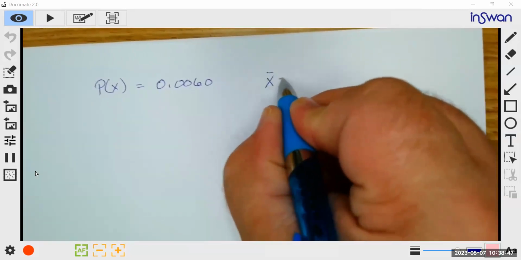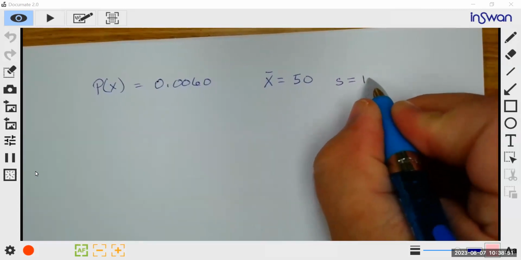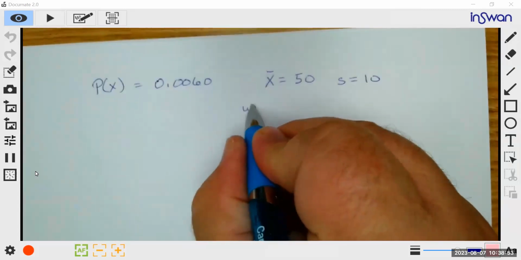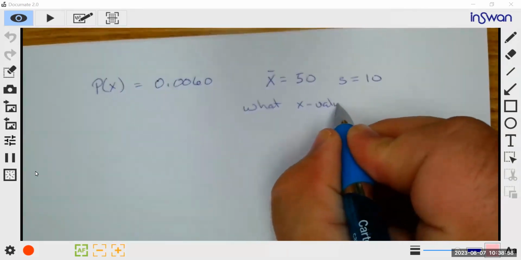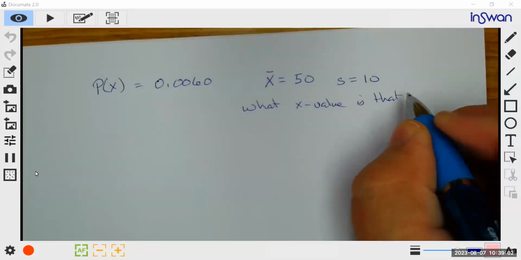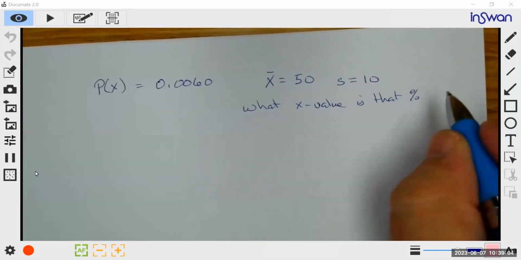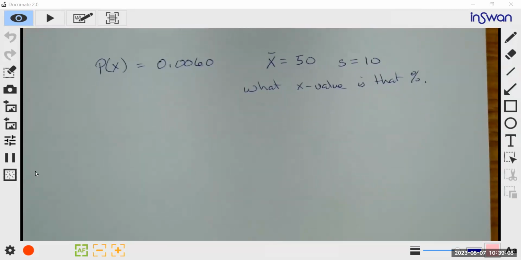And the mean was 50 and the standard deviation was 10. What x value is that percent? So we have to work backwards.